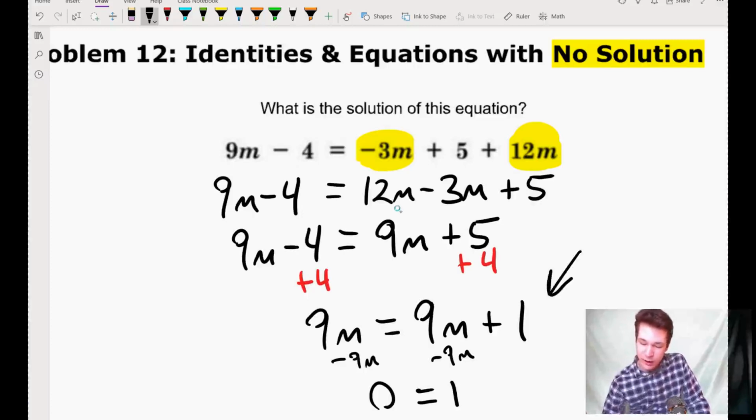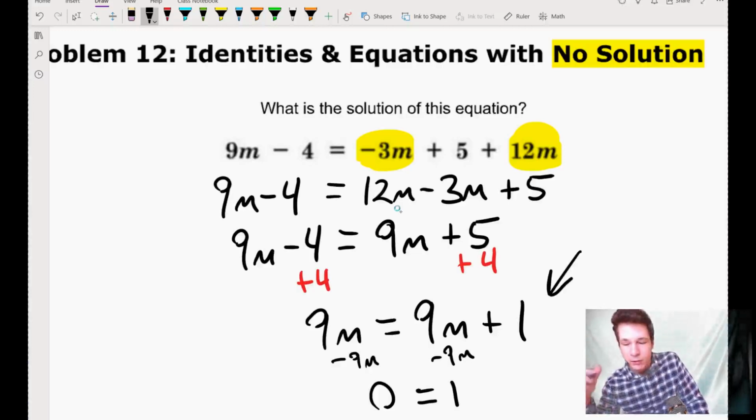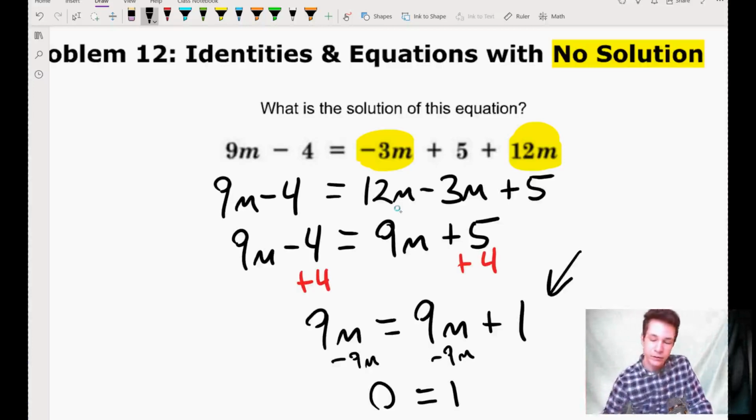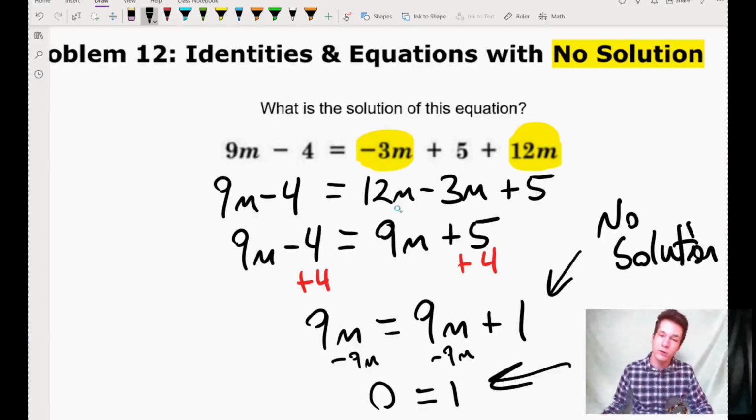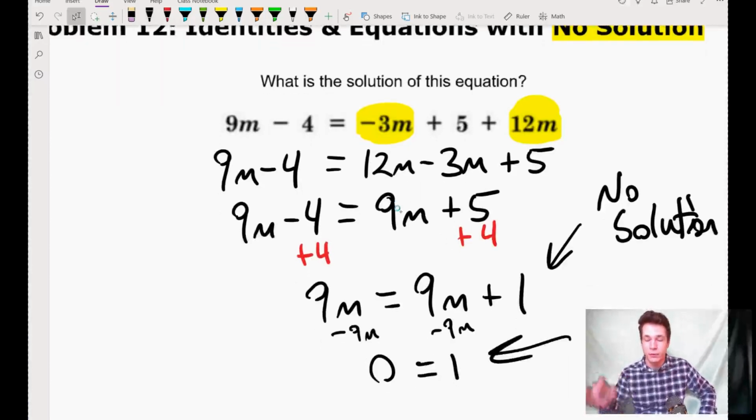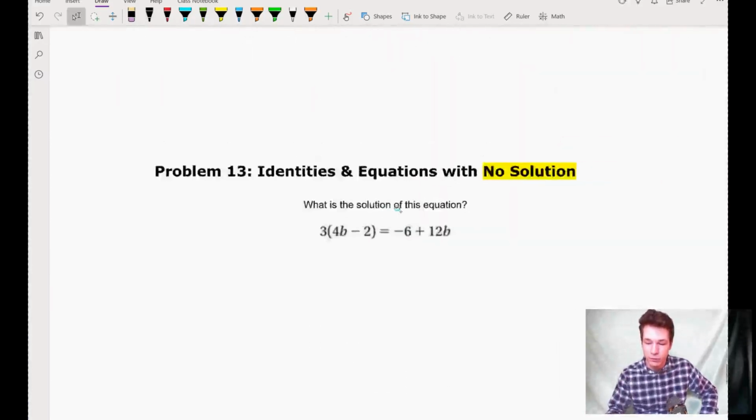There's no number that I could plug in that would equal itself plus 1. So this has no solution. Whenever you come into something like this, something weird and something that you know is wrong, it has either infinite solutions or no solutions. You just have to do a little bit of extra thinking to figure out which is which.